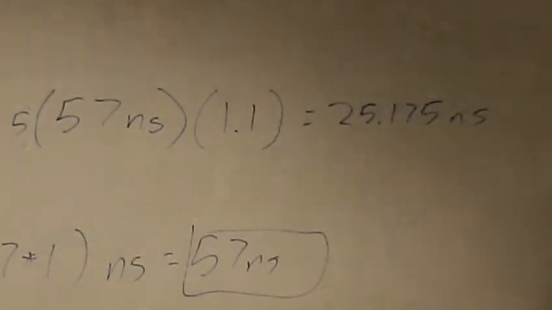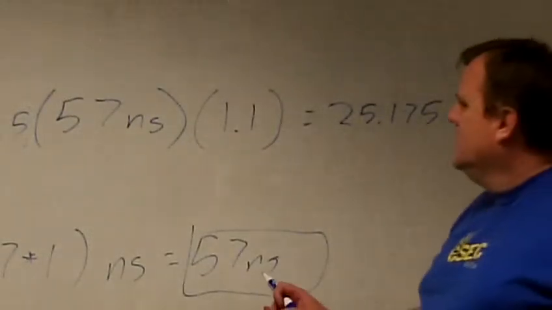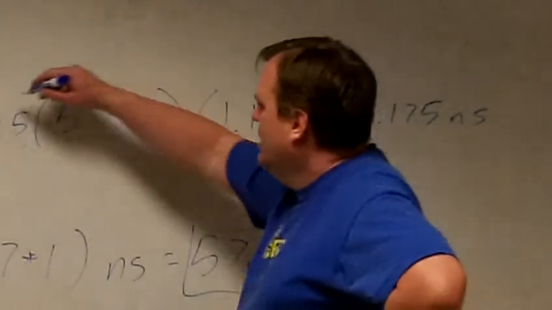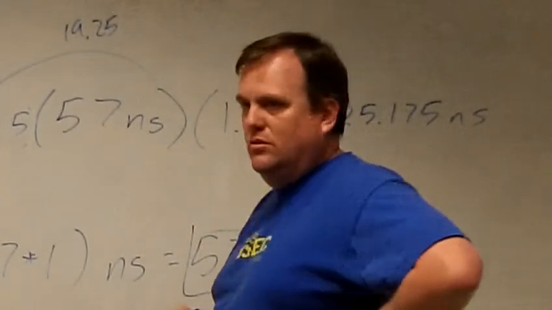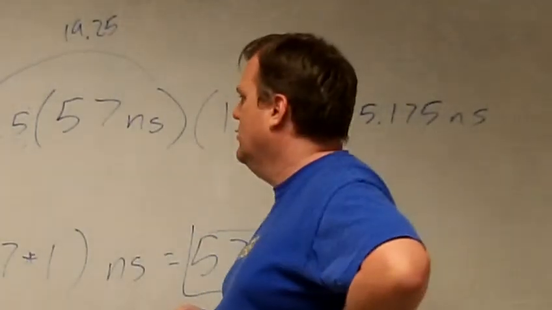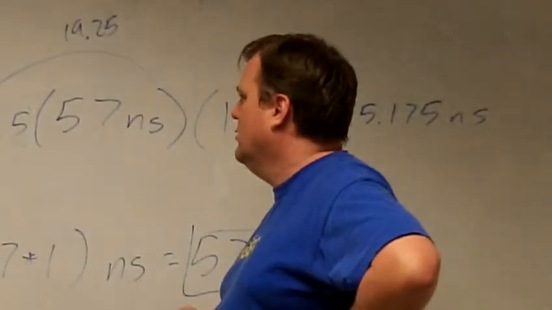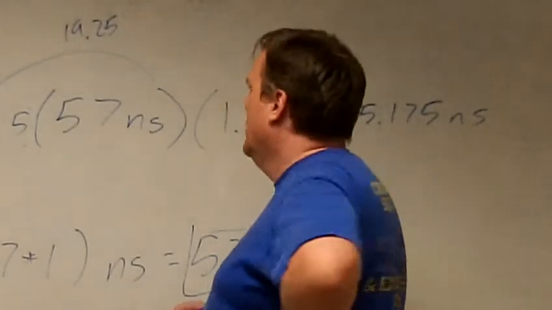0.25 times 7 times 1, 15.6 plus 4, 19.6. Because this should be 19.25, right? Let me check that. 0.25 times 7, 14.25.